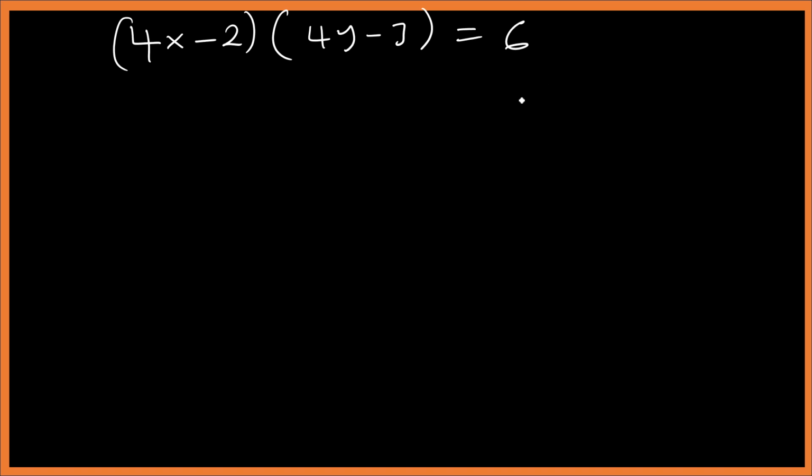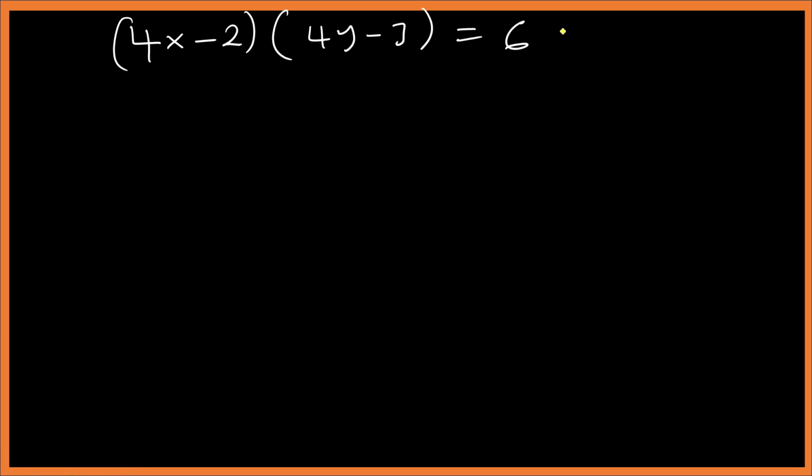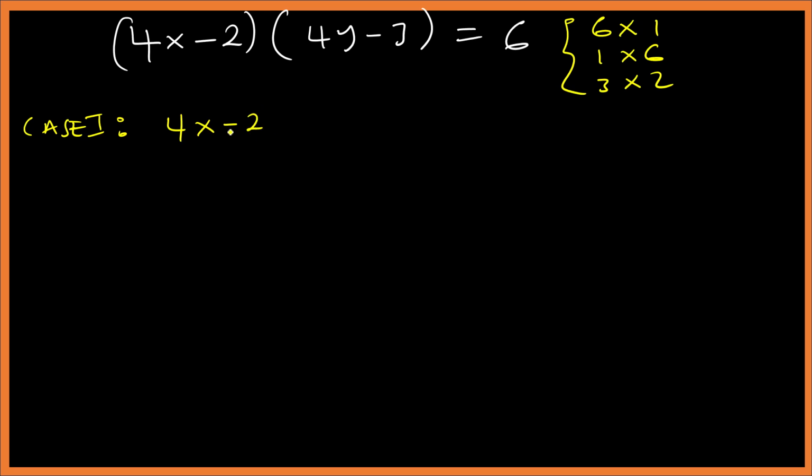All right. Now we have so many cases here, okay? So we can write 6 as 6 times 1, 1 times 6, 3 times 2, okay? So let's start with case 1. So 4x minus 2, 4y minus 3 equals to, so the first case 6 times 1.